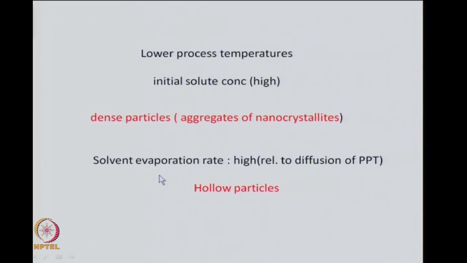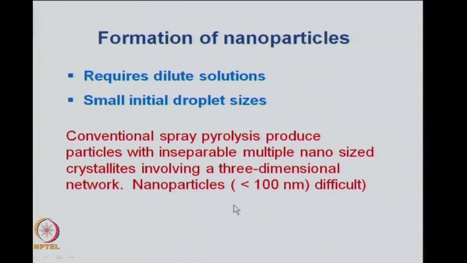If it is just the other way, that means you have a very high solvent evaporation rate, then you will get hollow particles. So, you will get dense particles if you have lower process temperatures and high initial solution solute concentration, whereas you get hollow particles if you have high temperatures, which will lead to a high solvent evaporation rate, and that will lead to hollow particles.